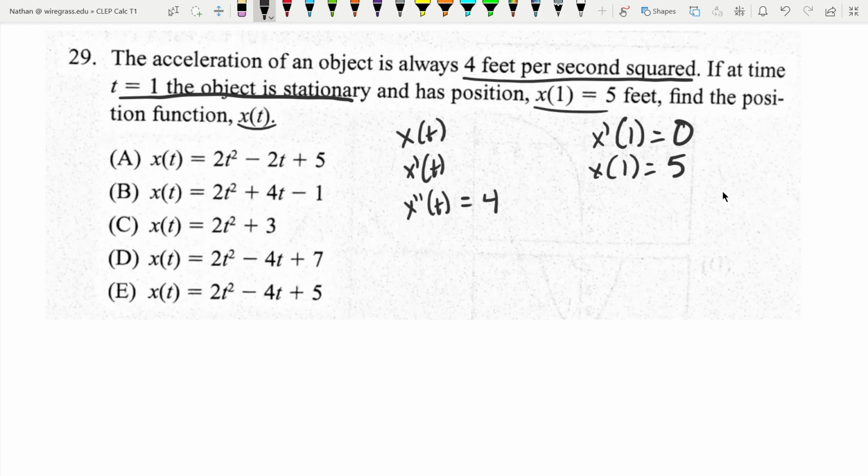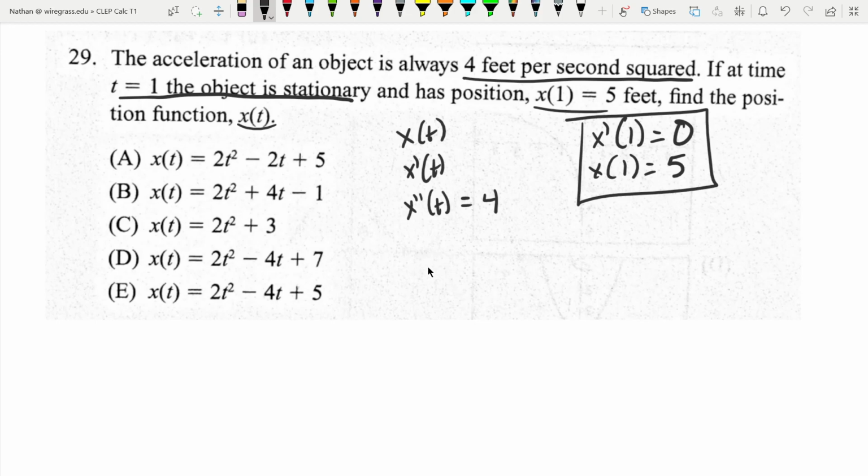This is important because we're going to have to use an antiderivative to find the position function x of t. But whenever you do an antiderivative, you get a constant of integration, right? You get an infinitely many family of functions. So you have to have what we call initial conditions. And that's what these really are here. These are what solve for those constants.